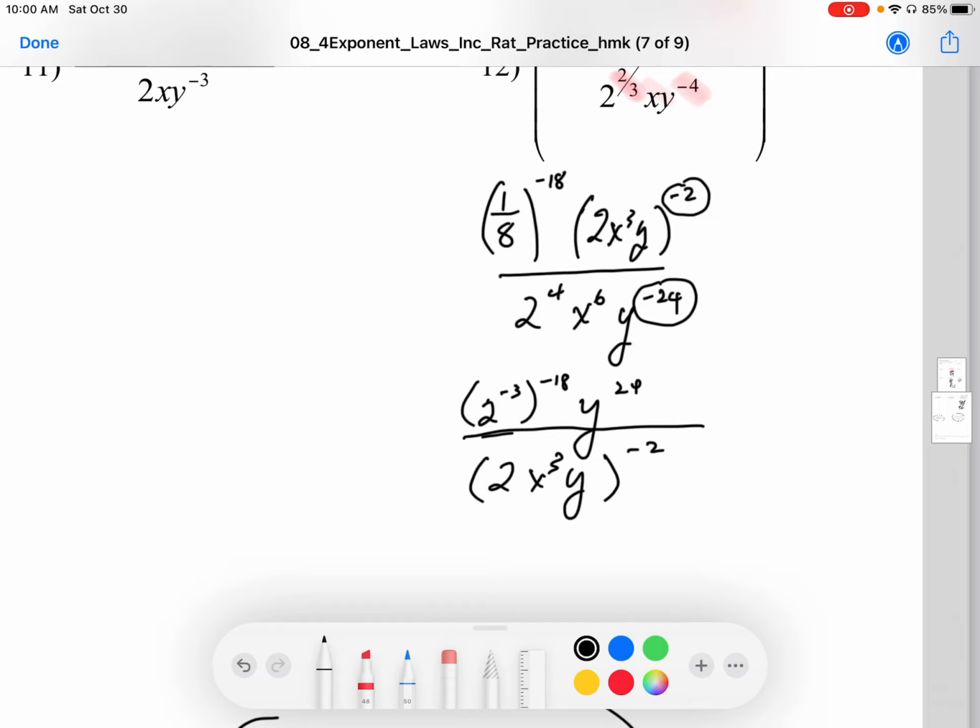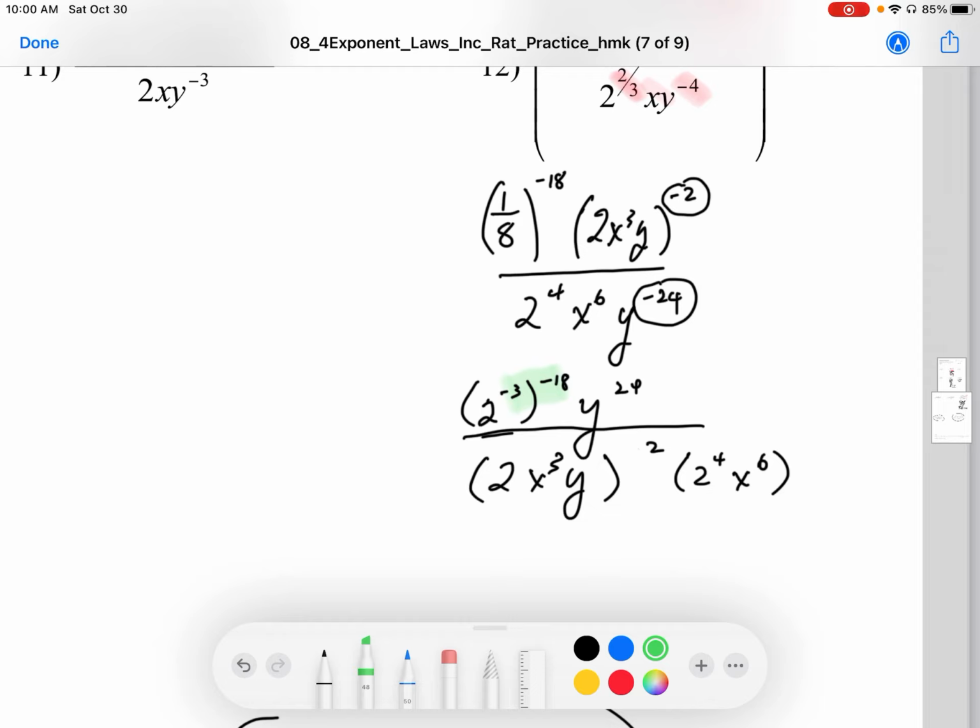And in the denominator, we already had 2 to the 4 and x to the 6. Oops, that negative 2 should, this now is a divide in the denominator, so we don't need that negative there.